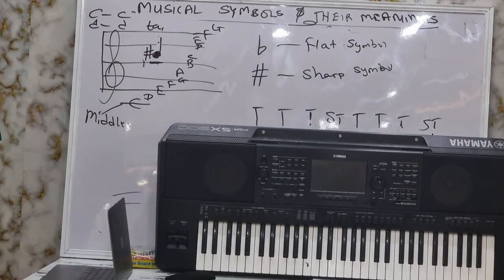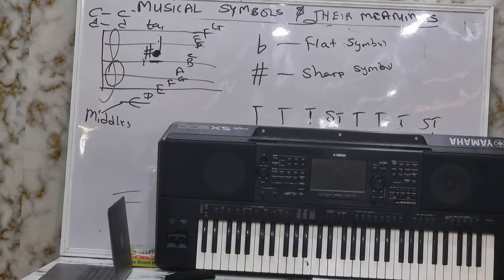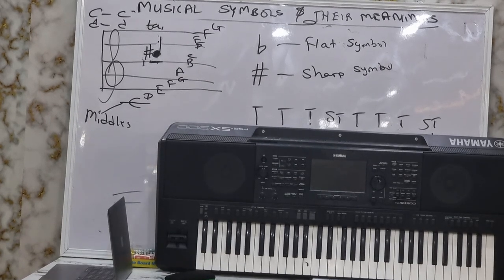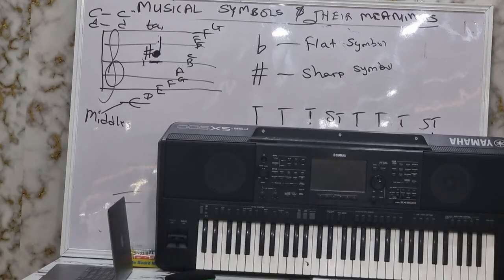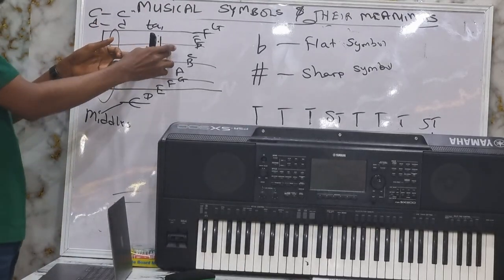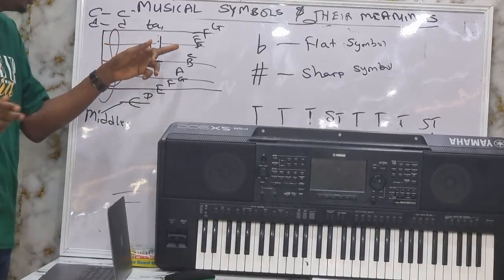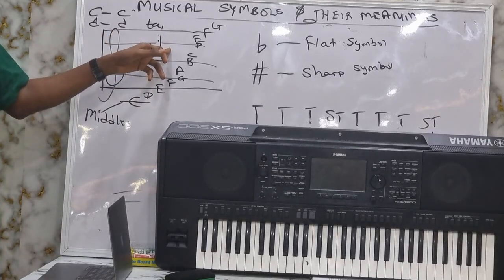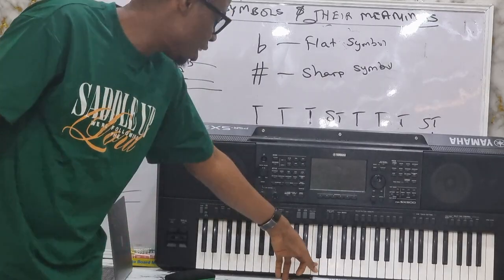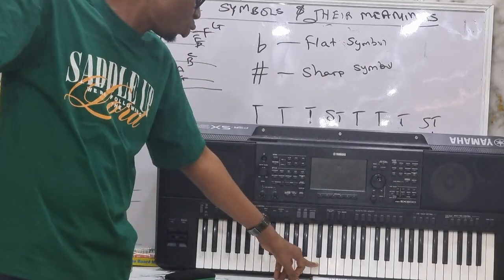So the difference between flat and sharp is, while flat tells you to go back by a semitone, sharp tells you to go forward by the same semitone. Do you understand? Okay. So when you see something like this, and it's on the key of C, and we said C is do, when you put a sharp in front of C, you are going forward by a semitone, which is this.